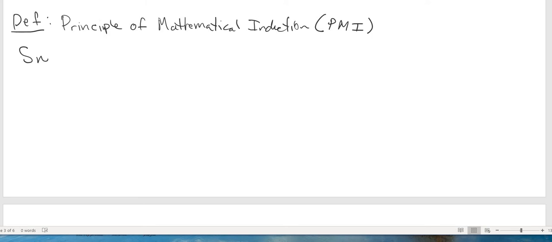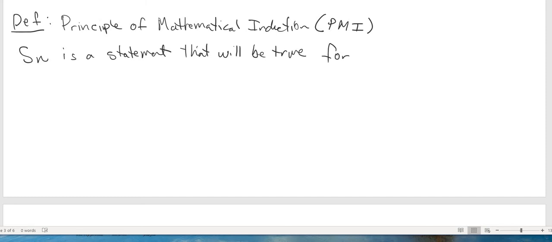So Sn is a statement that will be true for all the numbers.